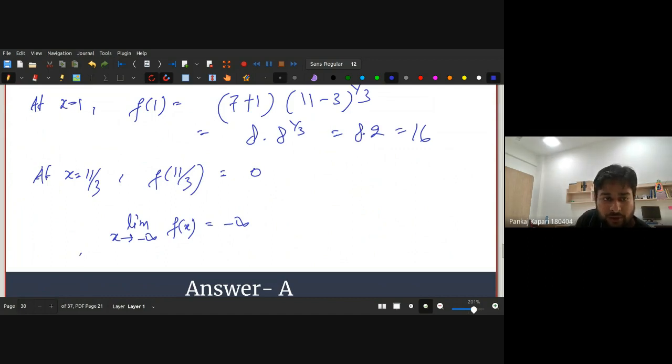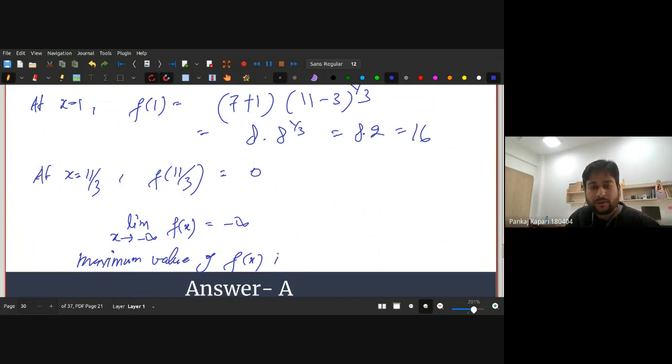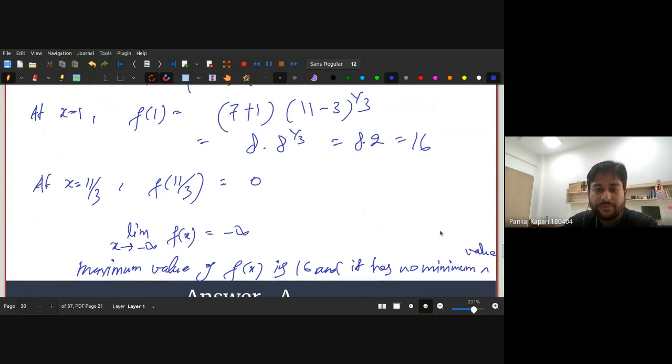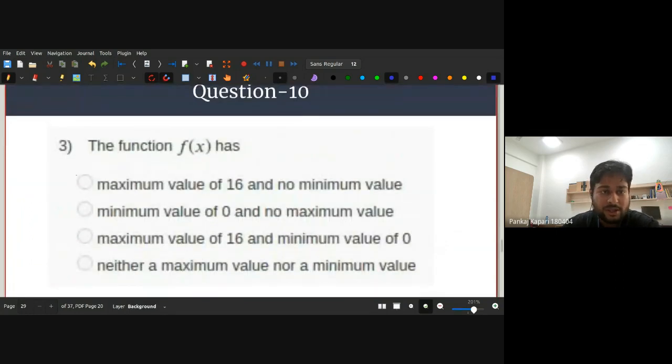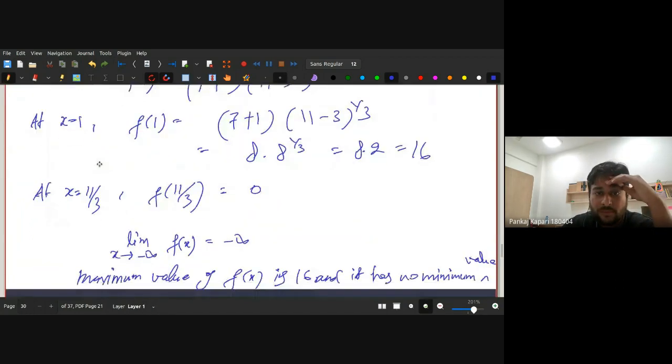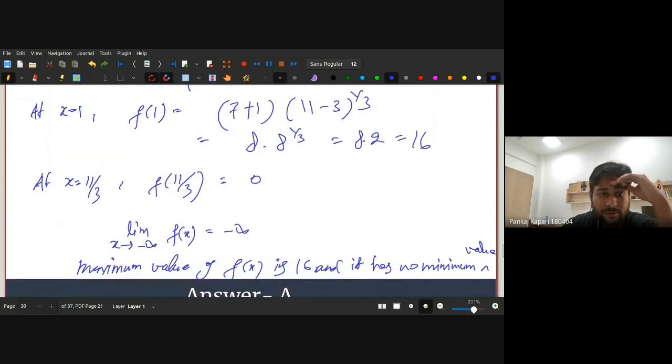So the maximum value of the function is 16, and it has no minimum value. So the first option here is correct. So any questions?